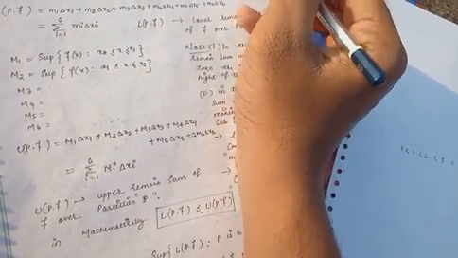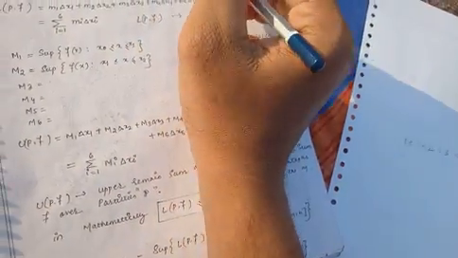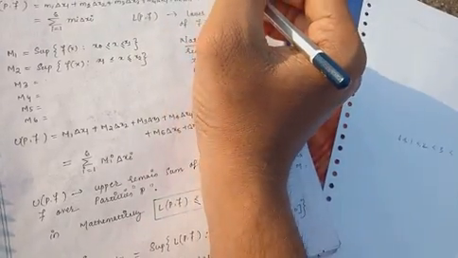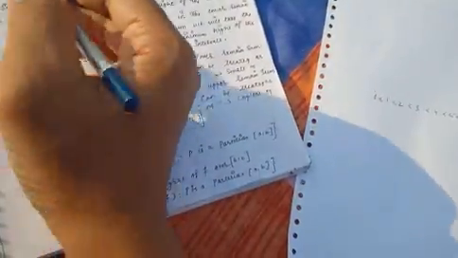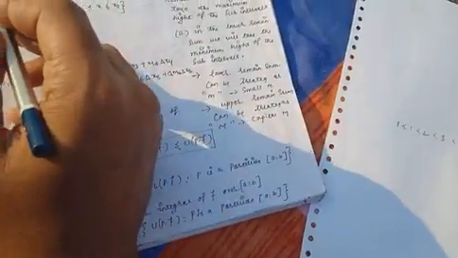These are the upper partitions, these are the lower partitions, and the upper partition can be written as U(P,f) and the lower partition as L(P,f).